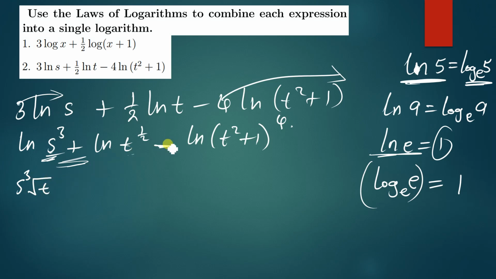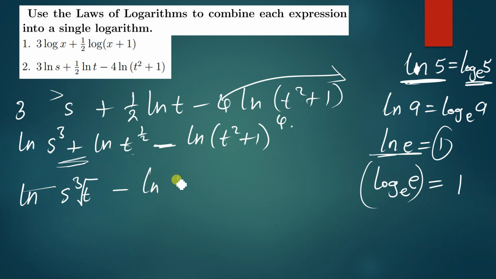Then while there is minus, to make our work easy, I'm going to say ln of s to the power 3 times the square root of t, minus ln (t squared plus 1) to the power 4. Since there's a minus there, it means that we are dividing the functions.